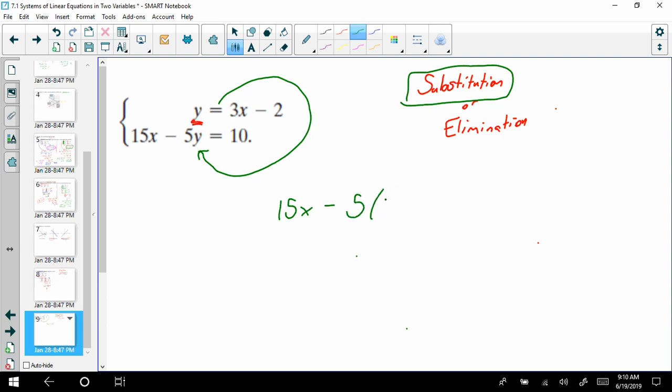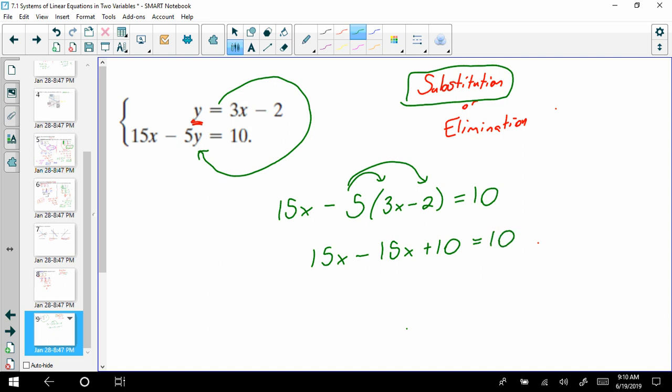So instead of y, I'm replacing it with 3x minus 2. And now I want to solve. So I'm going to distribute. If I combine like terms, I can see my x's cancel and I'm left with this.